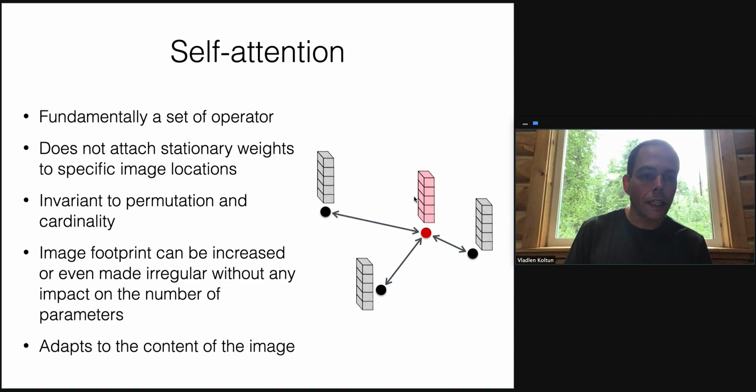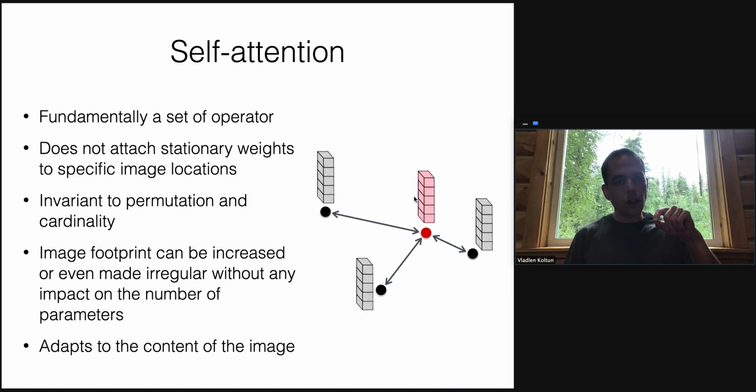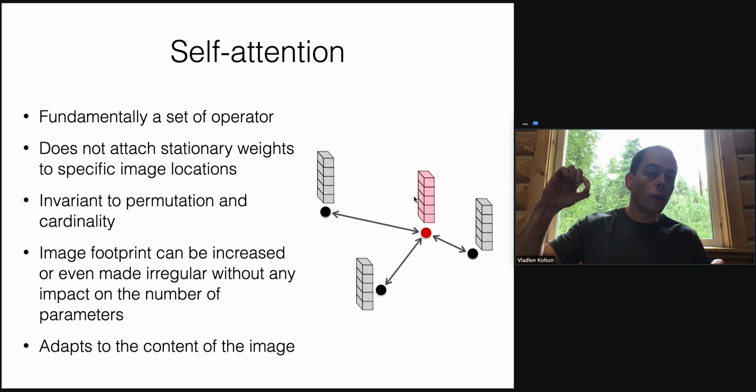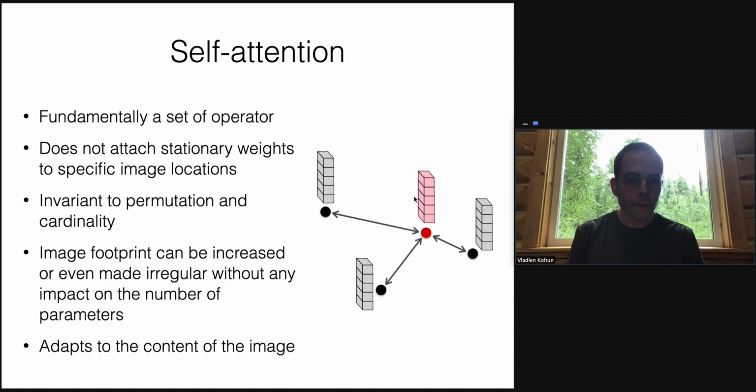So in the context of image processing, you can take a patch centered around a pixel and look at all data points in that patch and process them with self-attention layers, and you are not indexing specific data points based on location.